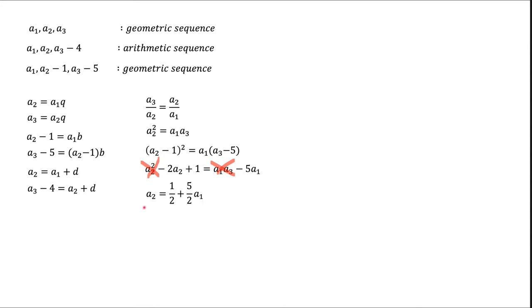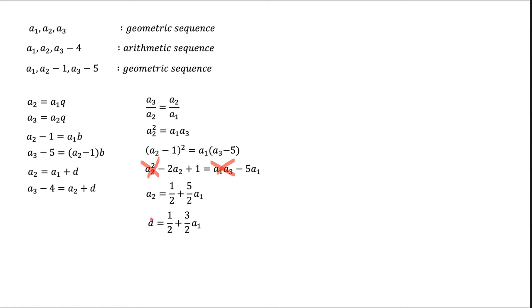Now we're going to look at this equation for the arithmetic sequence. And this equation can give us the value for d. So we see that d is a2 minus a1. If we substitute this expression for a2, we get an expression for d via a1.